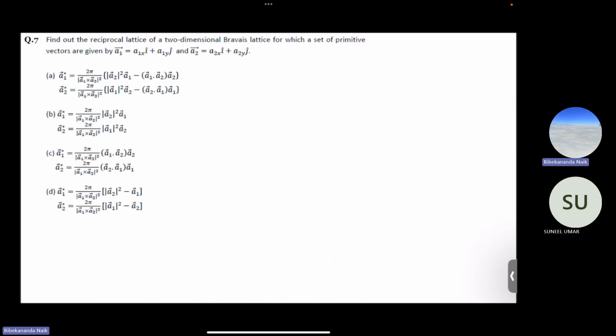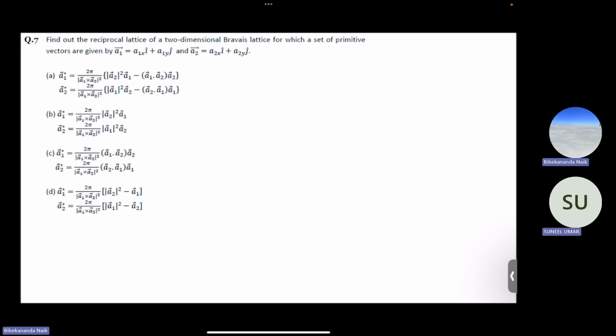Question number 7 says, find out the reciprocal lattice of a two-dimensional Bravais lattice for which a set of primitive vectors is given by a1 vector equals a1x i cap plus a1y j cap, and a2 equals a2x i cap plus a2y j cap.